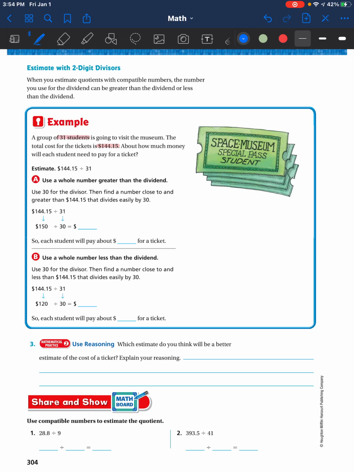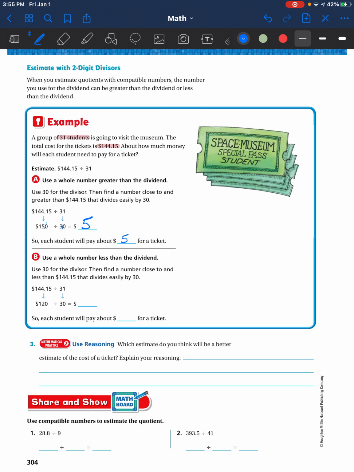So if I'm looking at this, remember the power is a 10, so we can take a 0 for a 0. 15 divided by 3 is 5. So it'd be about $5 per student to attend. Now it says use a whole number less than the dividend.